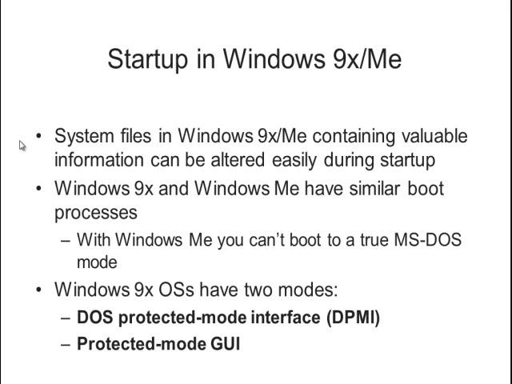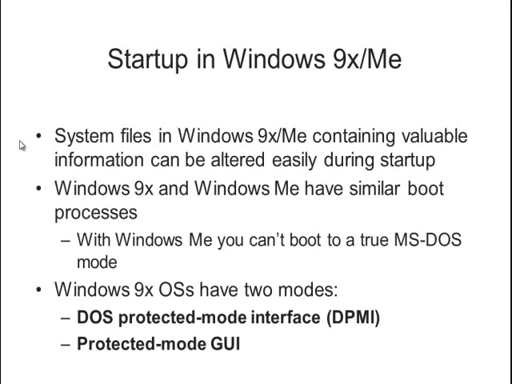With Windows Millennium, you can't boot to a true MS-DOS mode. Windows 9X operating systems have two modes: DOS protected mode interface and protected mode GUI.